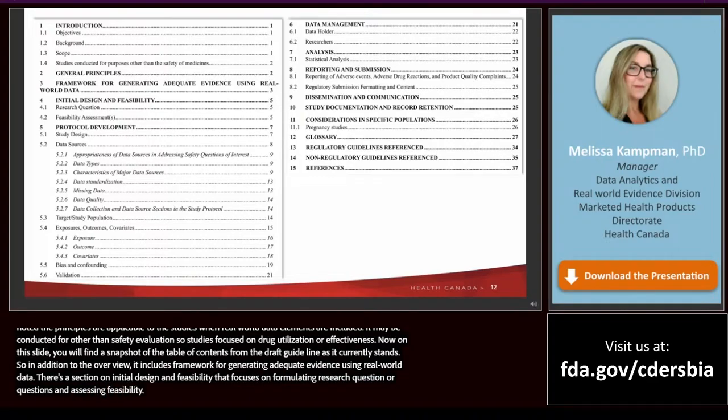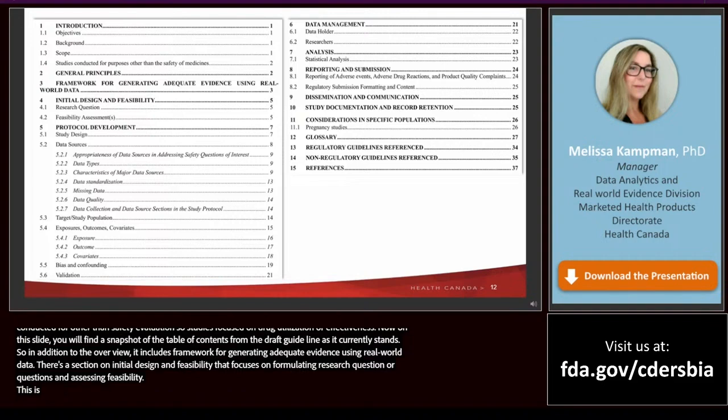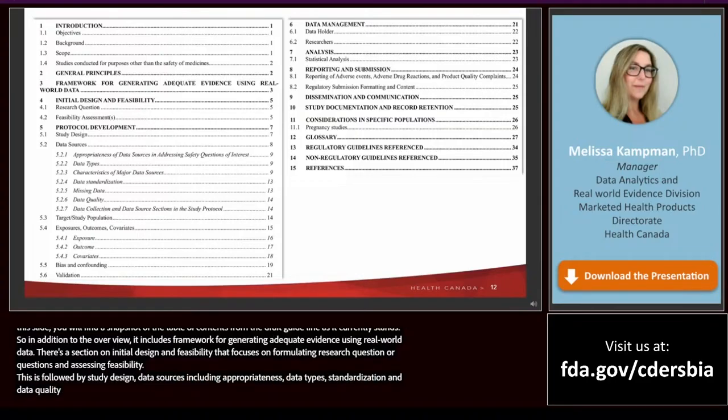This is followed by a section on protocol development that includes principles related to study design, data sources including appropriateness, data types, standardization, and data quality and collection, the target or study population, exposures, outcomes, and covariates, addressing bias and confounding, and validation.